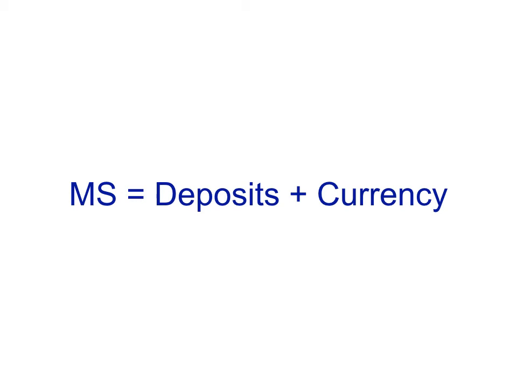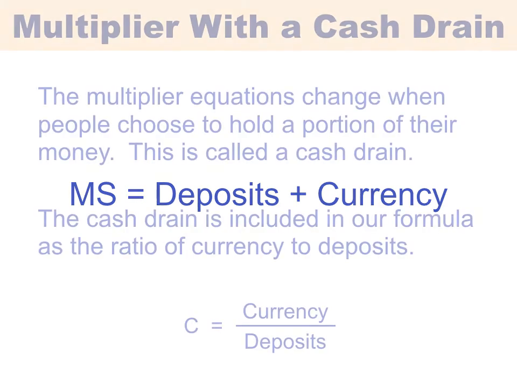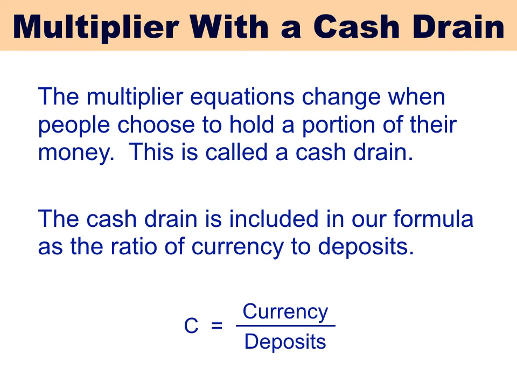So in our last example, the money supply and the deposits were exactly the same, which means that nobody was holding on to currency. So let's take a look at the multipliers when we do have a currency or cash drain. First thing we need to do is determine the currency to deposit ratio. Right?